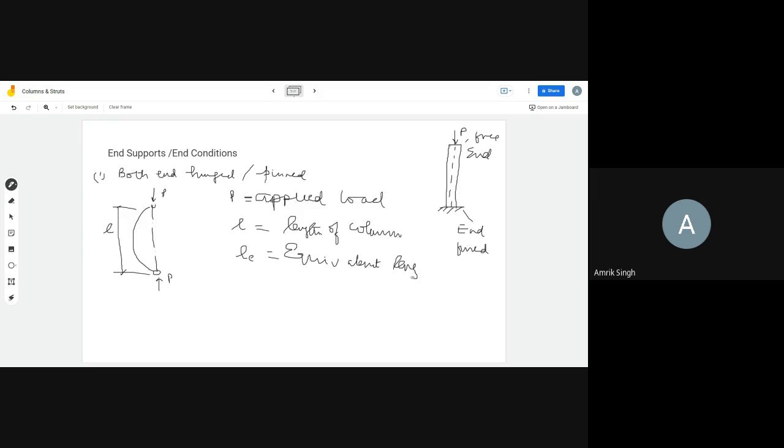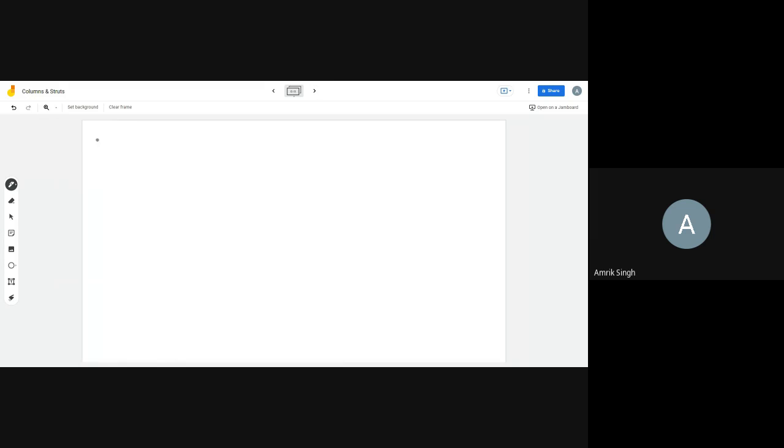And this will vary in the different end conditions. So first condition we have taken both ends are hinged or pinned. So in this case, LE is taken as equal to the length of the column. So this is important. So this is the first end condition.